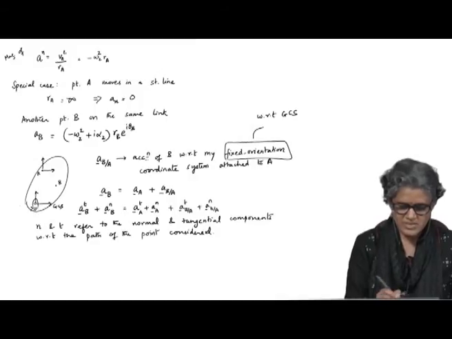So, let us look at this. The acceleration of B with respect to A, normal, is along the line joining AB, towards A. It is always towards the center of rotation.